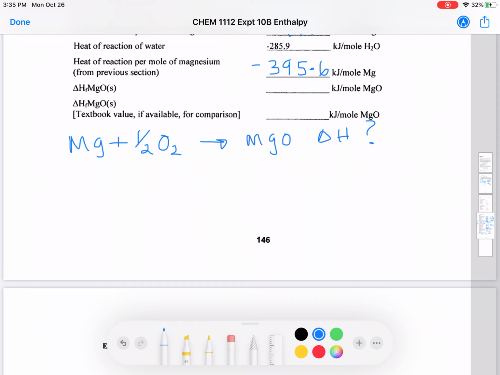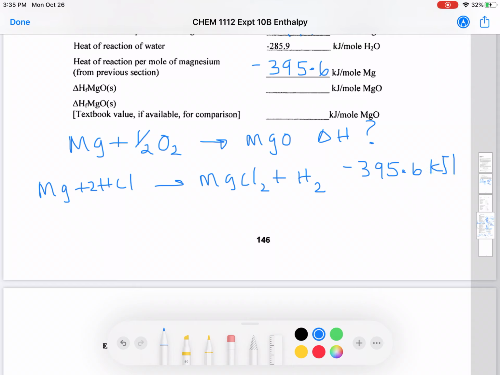And the three reactions that we know is, first reaction, magnesium with HCl, magnesium chloride plus hydrogen gas. And we found the enthalpy for this reaction, which is negative 395.6. We calculated that. These are all kilojoules per mole.